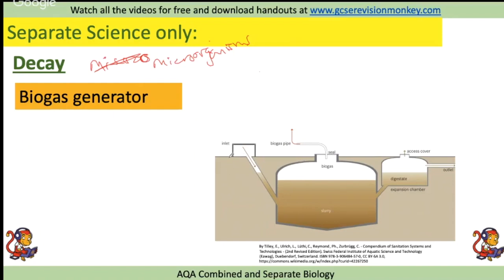So one of the problems we had with waste before was a lot of sewage. So this is one way we can get rid of sewage. So we'd put the sewage into the inlet pipe here, and in here we'd have some microorganisms in anaerobic conditions.